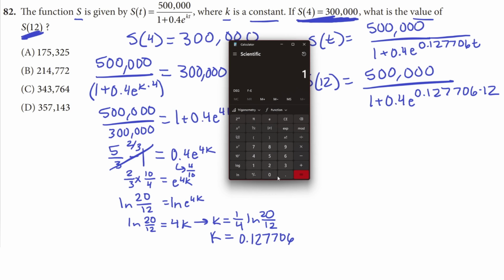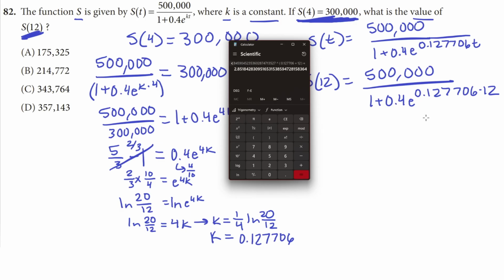So let's do 1 plus 0.4 times e raised to the 0.127706 times 12.